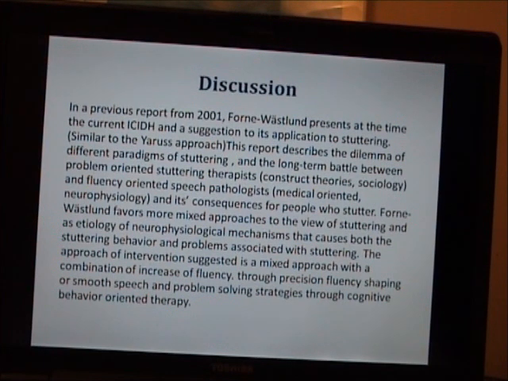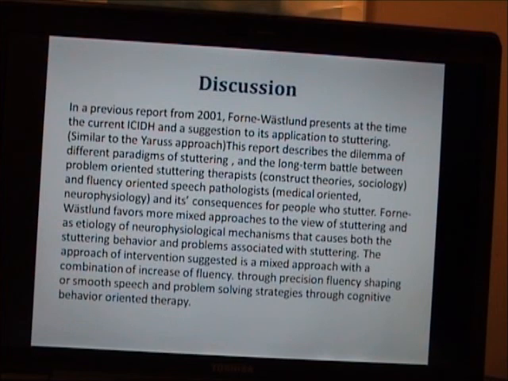Wästlund favors more mixed approaches to the view of stuttering, and as etiology of neurophysiological mechanisms that cause both the stuttering behavior and problems associated with stuttering.